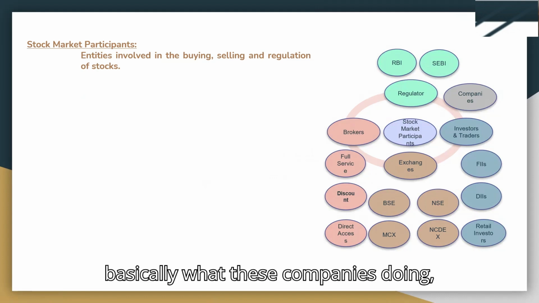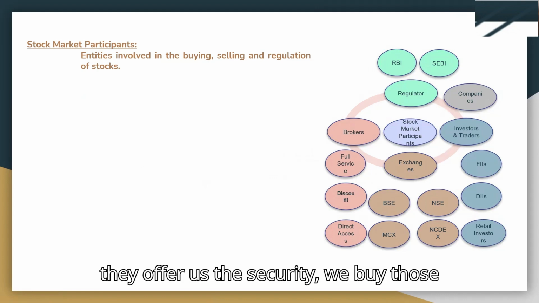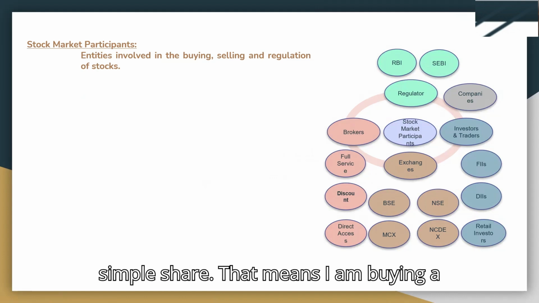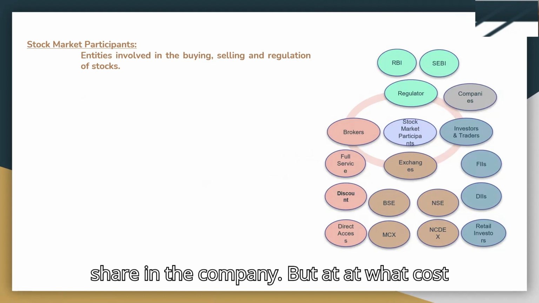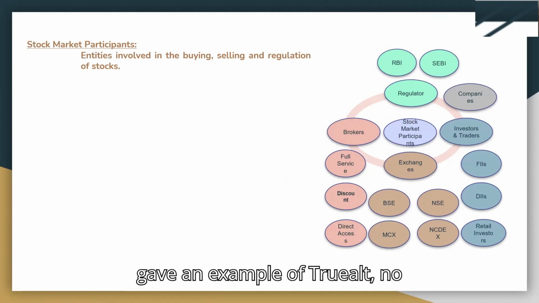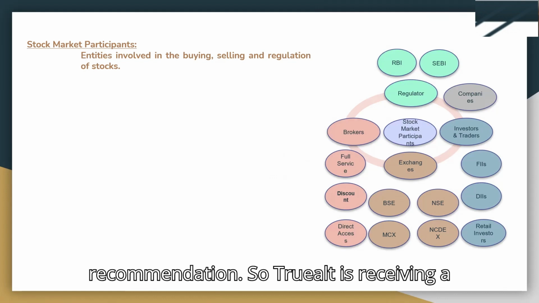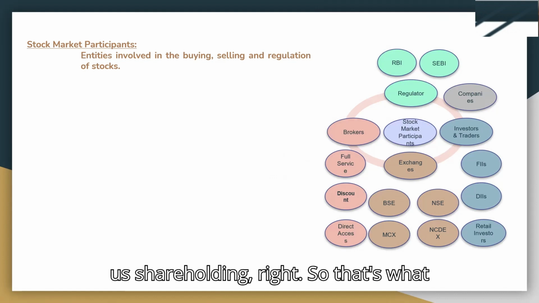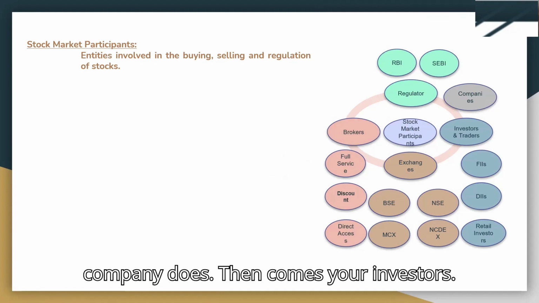So basically these companies offer us the security. We buy those securities, maybe a simple share. That means I am buying a share in a company, but at what cost? I have to give them money. Like I gave the example of True Alt, no recommendation. True Alt is receiving money from us, but True Alt is giving us shareholding, right? So that's what a company does.